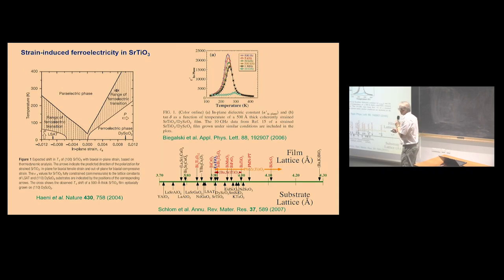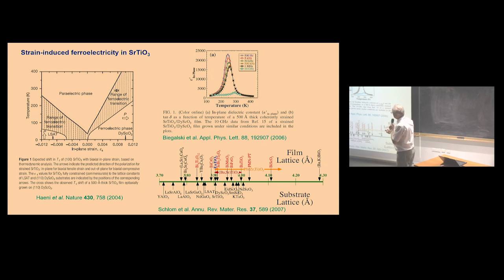In 2004, it was shown that strontium titanate can be ferroelectric close to room temperature. If you grow strontium titanate on different substrates, you can induce strain. In this case, strontium titanate was deposited on dysprosium scandate, which has a larger unit cell or lattice parameter. Therefore you have tensile strain, and here is the theoretical phase diagram.